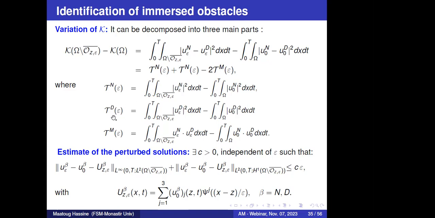The second term depends on u epsilon d, which is the solution to the perturbed Navier-Stokes Dirichlet problem. The third term is a mixed term that depends on the Dirichlet and Neumann solutions.